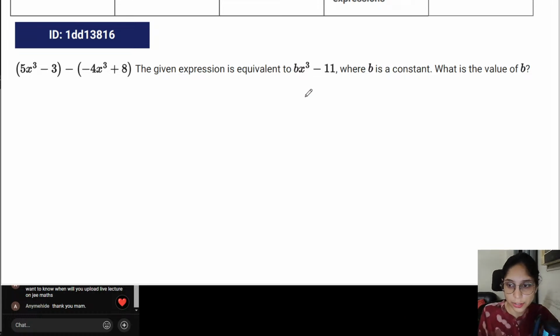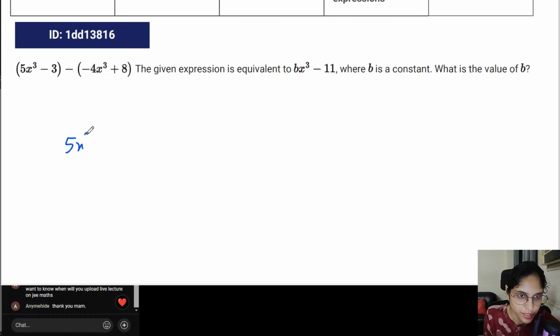So you have to find b. This is bx cube. And you're subtracting, so you just need the coefficient of x cube.